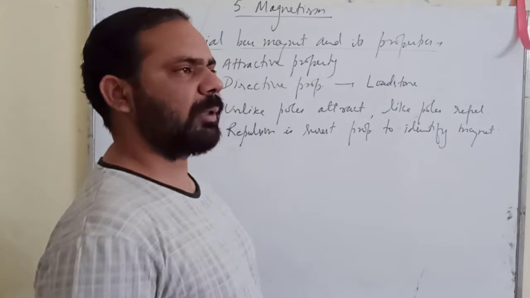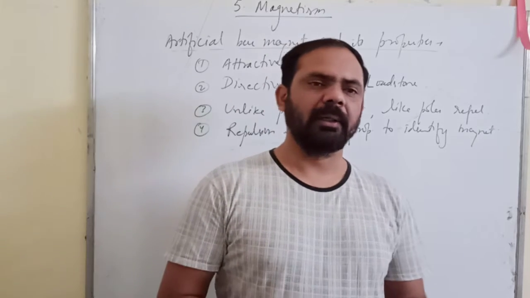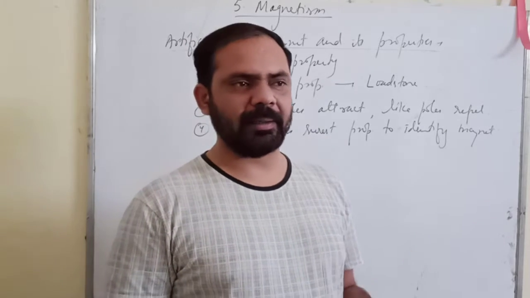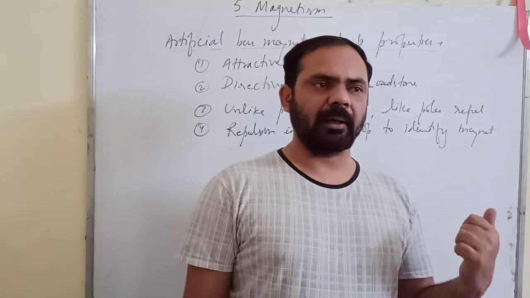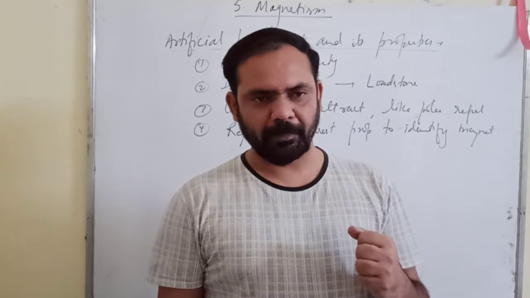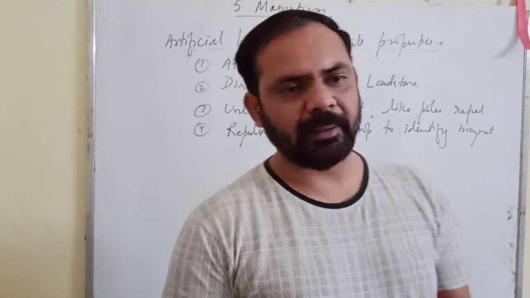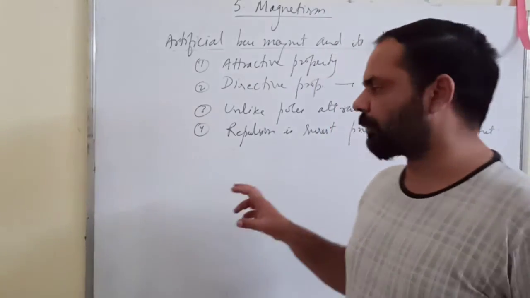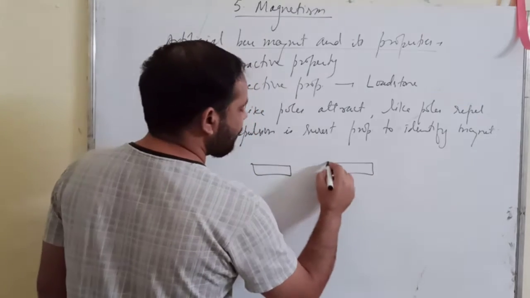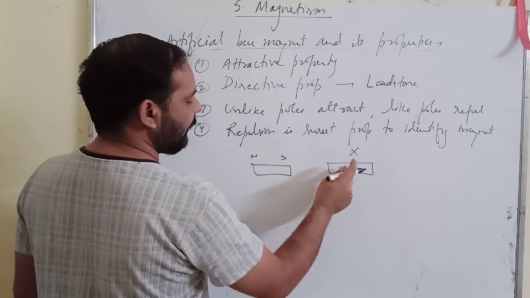If somebody gives you a material and asks you to check whether it is a magnet or not, the attractive property is not the surest, because a bar magnet can attract even a piece of iron or steel, which need not be magnetic. Suppose an unknown piece is given to you, and this is your magnet, north, south. Now you bring this piece near it.